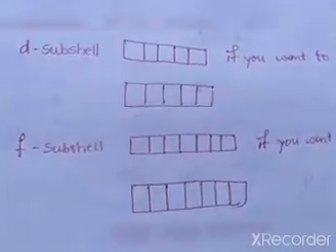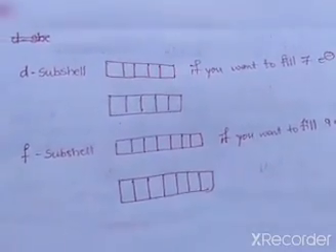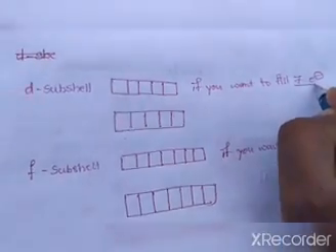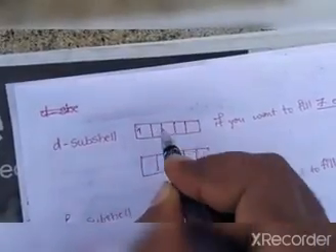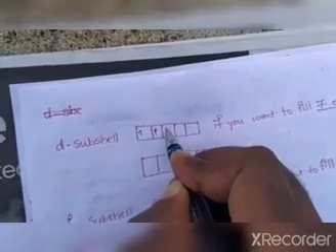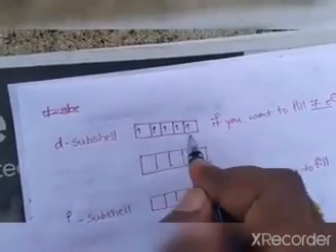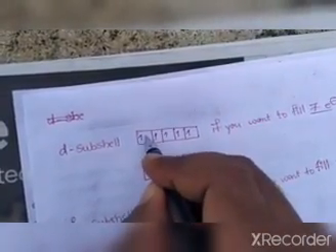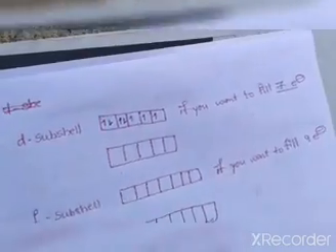Similarly, let's apply Hund's rule to the d subshell here, students. If you want to fill 7 electrons in the d subshell, here also the first electron is singly occupied, meaning it will start singly occupying all five orbitals. After all 5 orbitals are singly filled, then the sixth electron will start to pair, and the seventh also pairs.